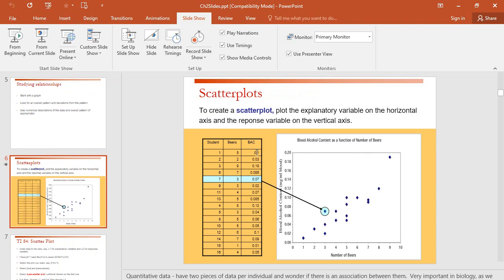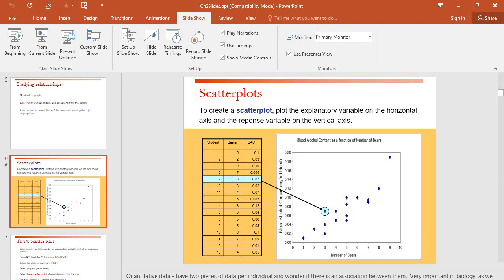So here is a plot. Along the horizontal axis, we are plotting the number of beers, and along the vertical axis, we are plotting the blood alcohol level, or in short, BAC.